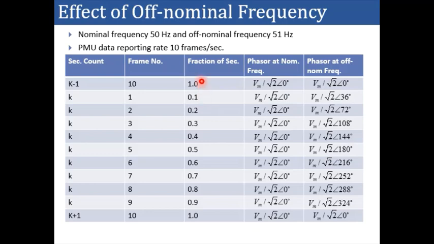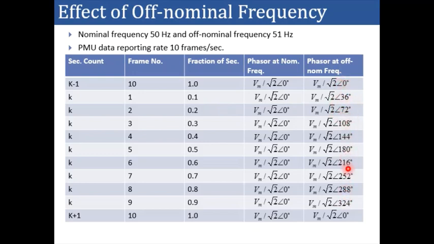That wave corresponds to 360 degree of shift. So 0.1 second will give you an advancement of 36 degree, 0.2 second will again give you an advancement of 72 degree, and so on.